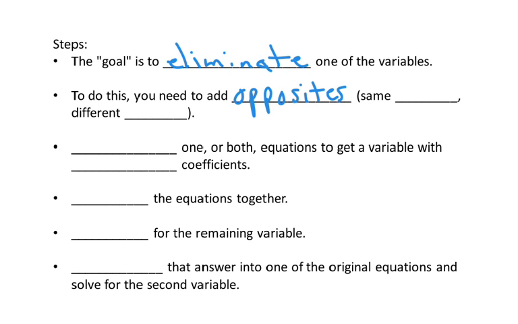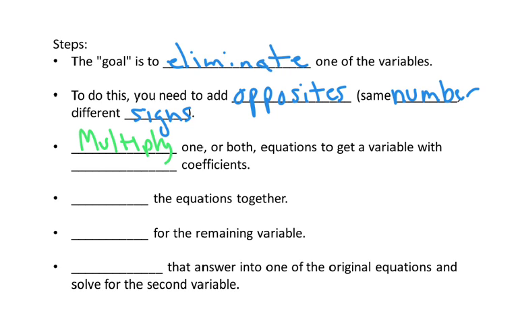That just means that we have the same number but different signs. So in order to have that happen, we're going to multiply one or both of the equations to get a variable with the same coefficient.